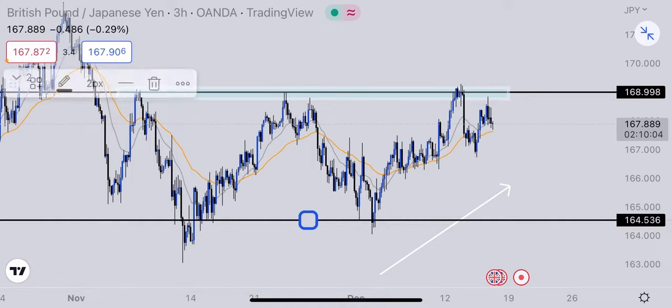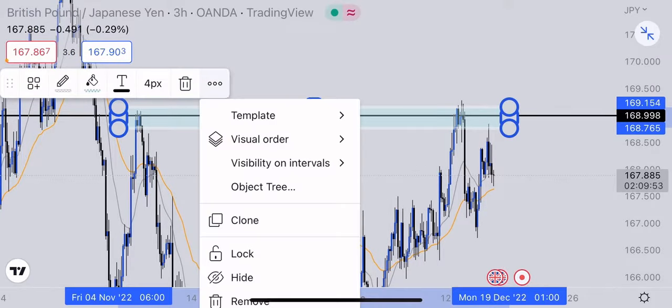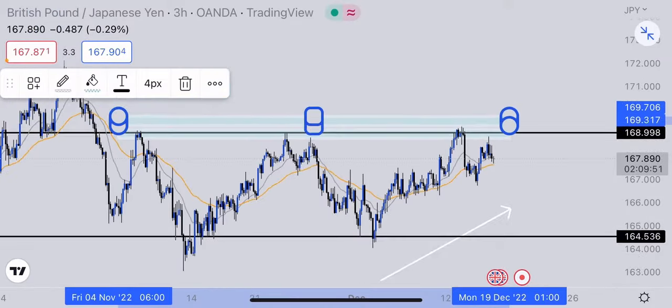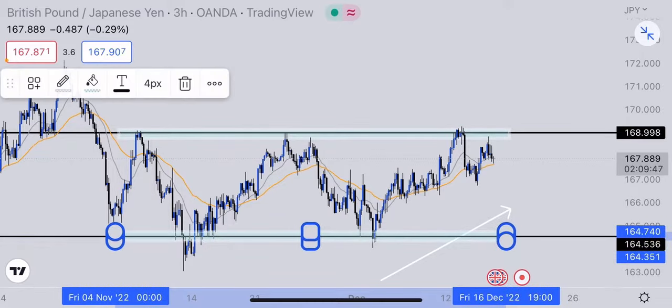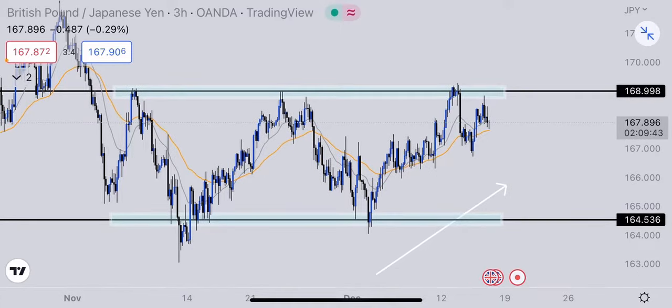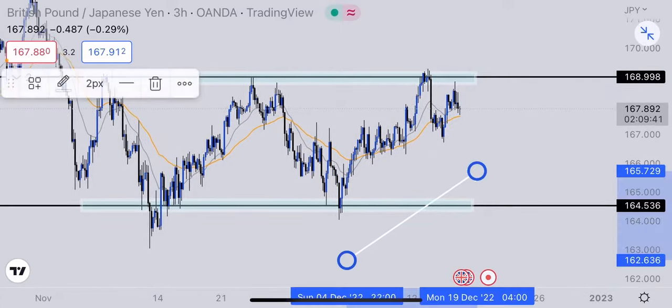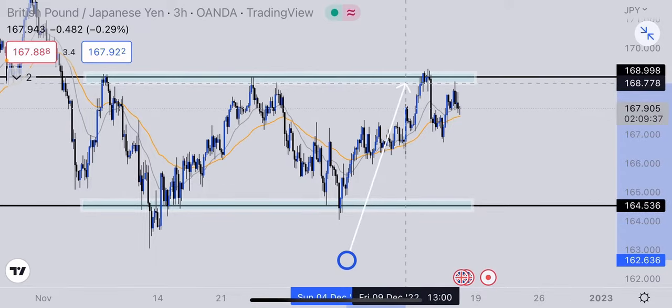Right here is my resistance zone for this pair, and I'm going to clone this because remember, like I said before, these are zones, not lines. Boom. And now we have our support zone. This is our support zone right here, and this is our resistance zone right here.